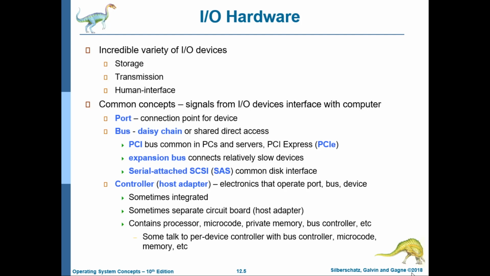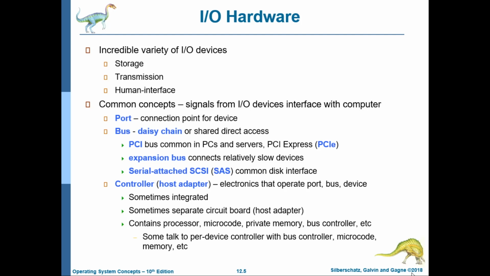So, common concepts: signals from I/O devices interface with the computer. The interfaces include the port, a connection point for the device, and it can also be connected through a bus, by daisy chain or shared direct access. I already discussed how daisy chain is done. We have the PCI bus, common in PCs and servers, and another one, PCI Express, the more improved version of PCI.